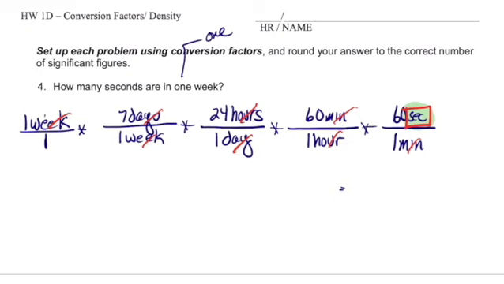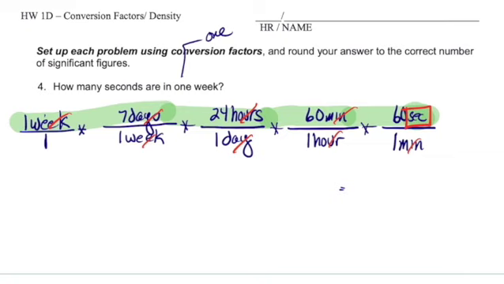I'm going to begin the calculation in this way. I'm going to start with 1 week, multiply by the number of days, 7 days, multiply by 7, multiply by 24, multiply by 60, and multiply by 60 again. Remember, anything that's in the numerator you multiply by, anything in the denominator, the bottom part of the fraction, you divide by.